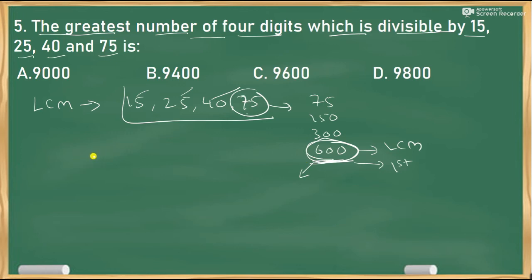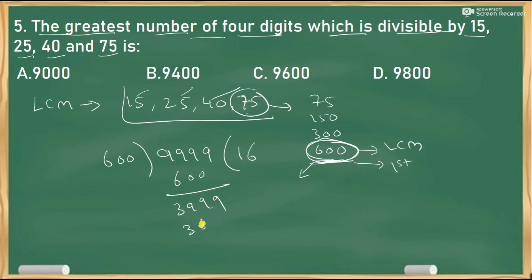Okay. Now let me start. What is the highest 4-digit number that we know as per our knowledge? So it will be 9999. Just try to divide it with 600 and see what happens. So if I do this, I'll get 600 into 6, 3600. Okay.